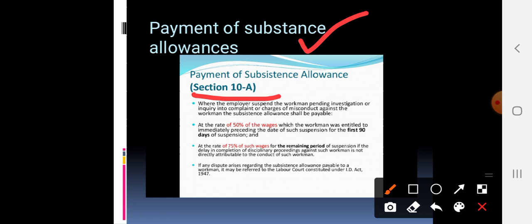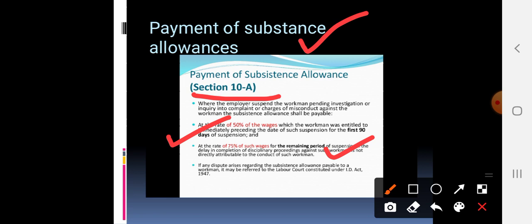And if the suspension goes on for a longer period than 90 days, then they should get 75% of the wages.